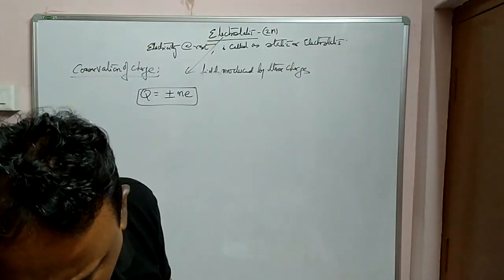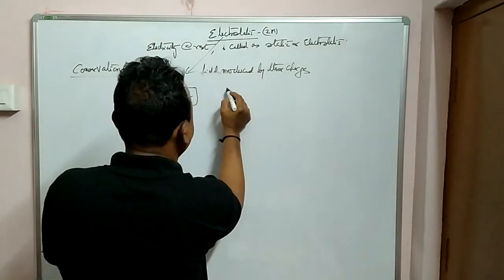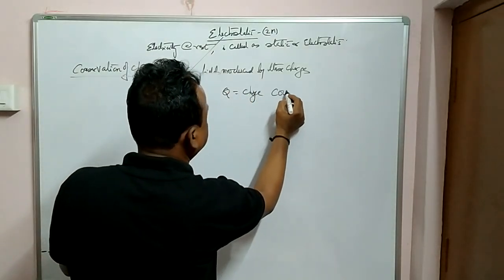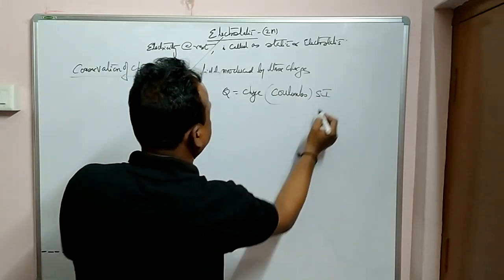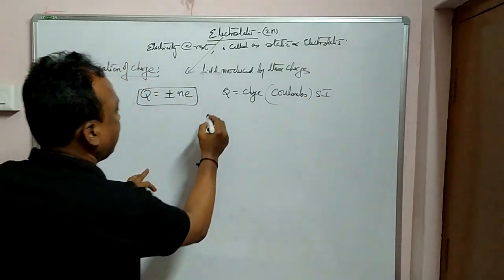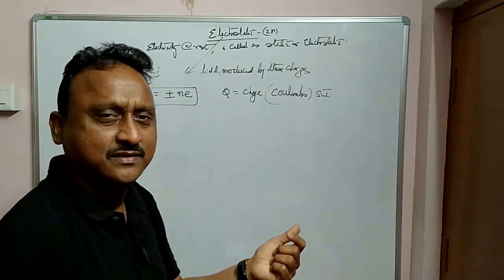Now what is N here? Q is charge, measured in coulombs, the SI unit, named after a scientist. Plus or minus means the charge may be positive or negative.